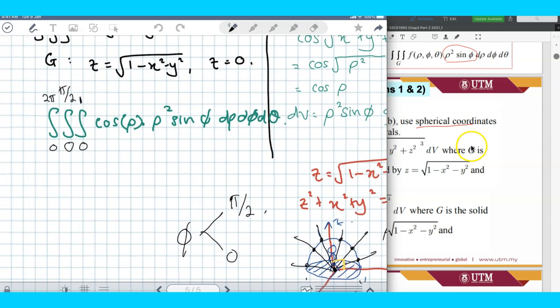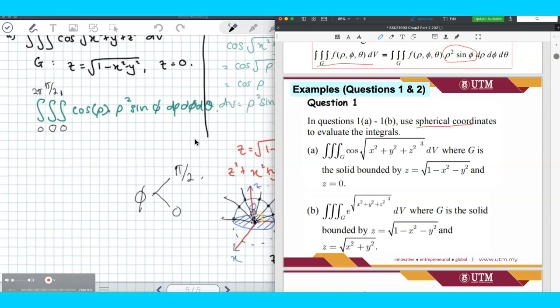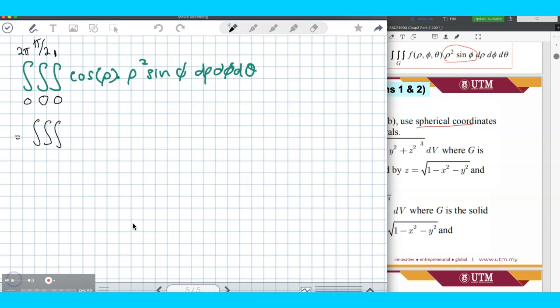So now we managed to convert the given integral from Cartesian into spherical. Let's start to evaluate them. Okay, so cos rho, rho squared sine phi.